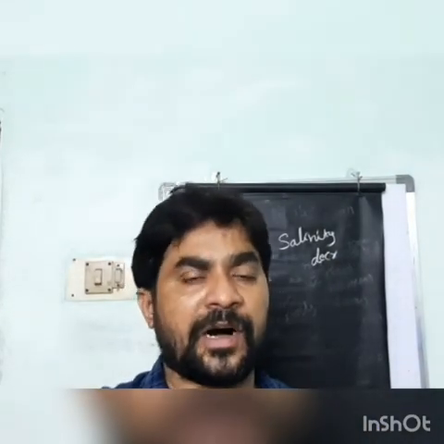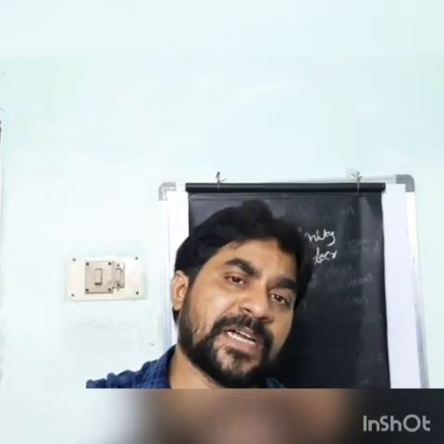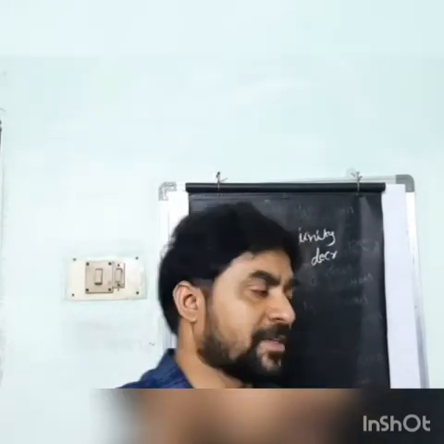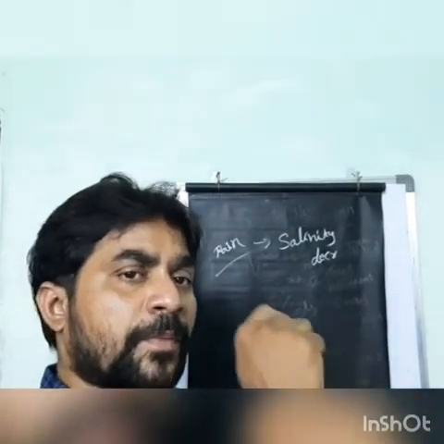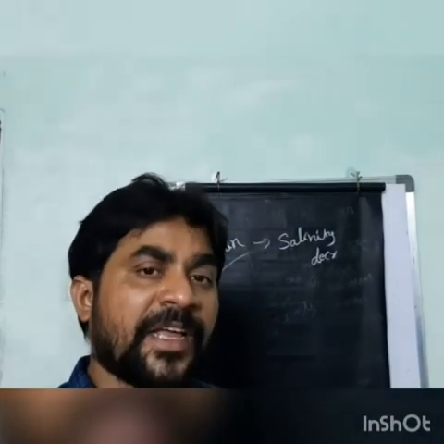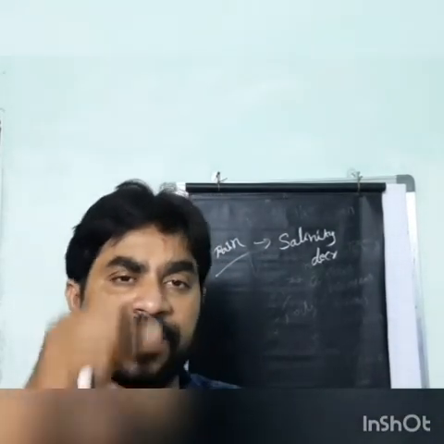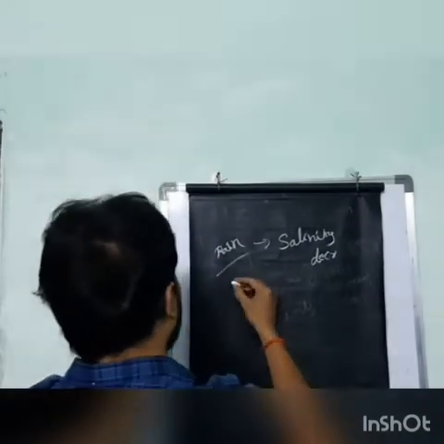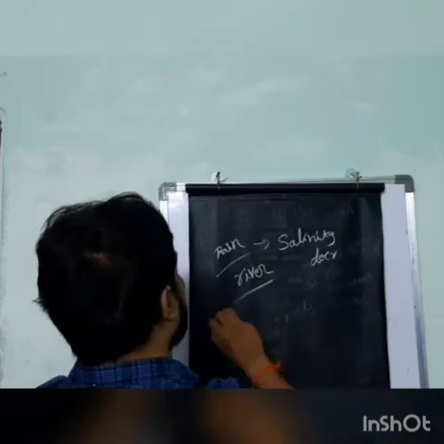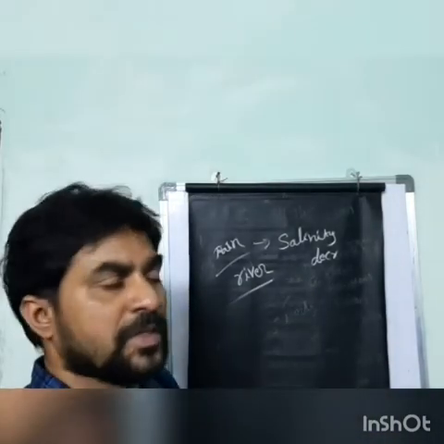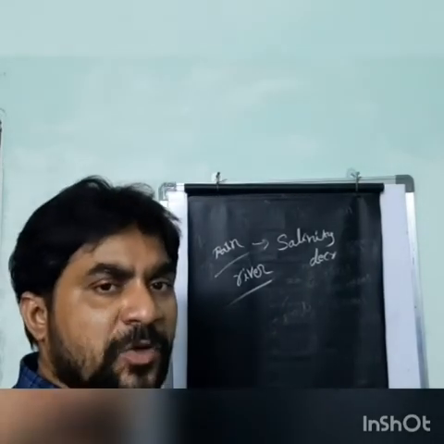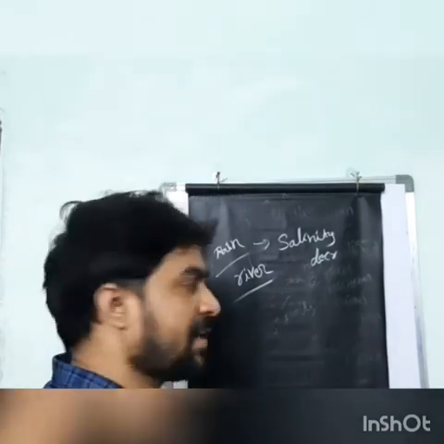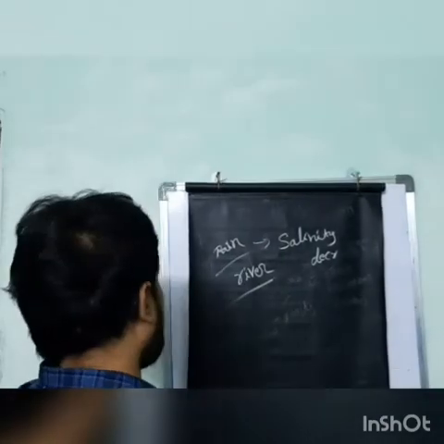Then you take half a bucket of water and mix in that 1 kilo of salt, you see the difference. Similarly, more water, less salinity. More water in the sense of rainfall. If there is rainfall, the salinity becomes less. Rainfall is otherwise the flow of water in the form of rivers. The water goes through the river and joins the lakes or anything, then the salinity becomes very low.